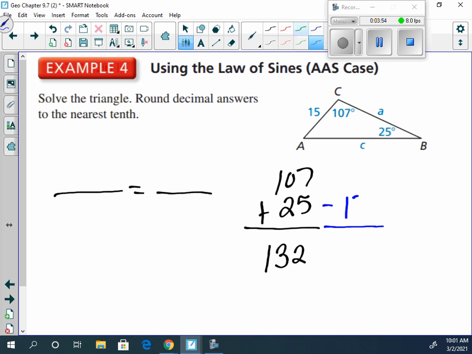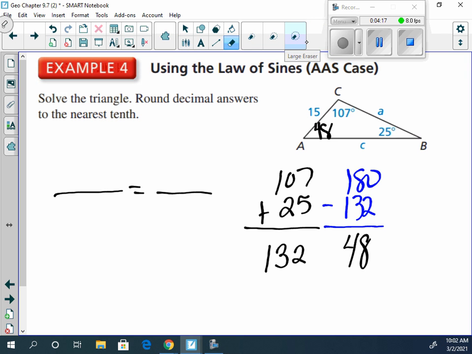And we can subtract 132 from 180, which will give us, I believe it should be 48. So we did that there to find the missing angle, because it's going to be helpful to find all three, and finding the missing angle when we're given two angles is a little bit easier than finding the missing side lengths first.